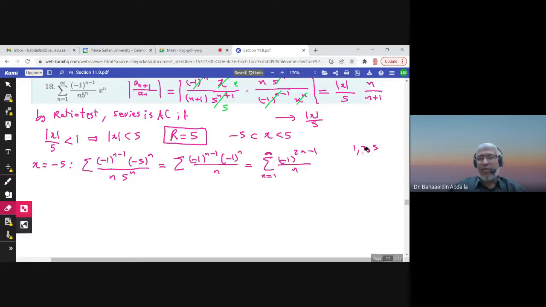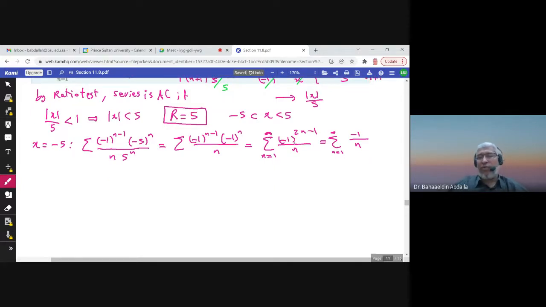So in fact, this is equal to -1 over n. If you replace n by 1, 2, 3, 4, whatever, always a negative number.